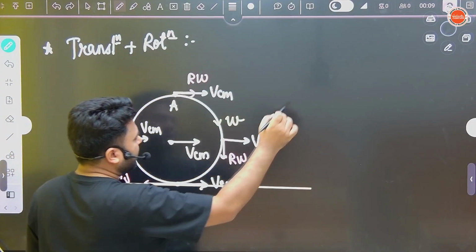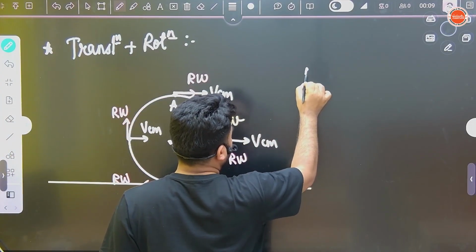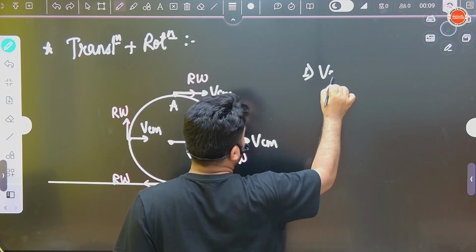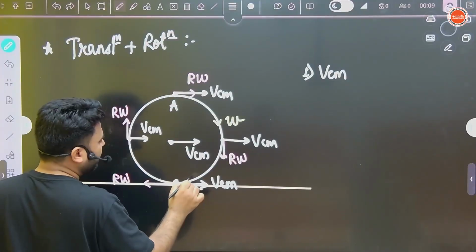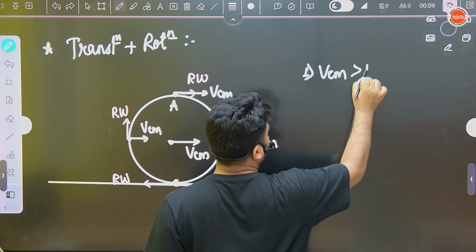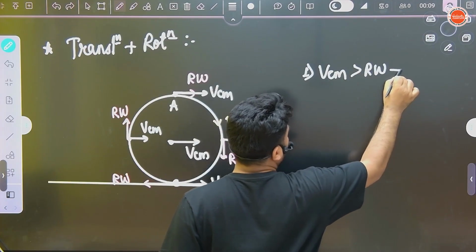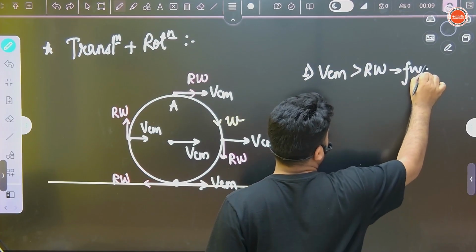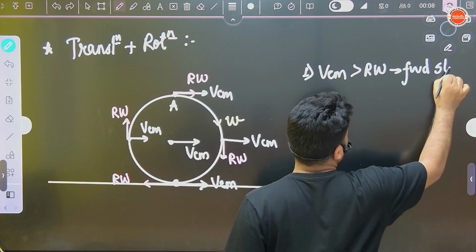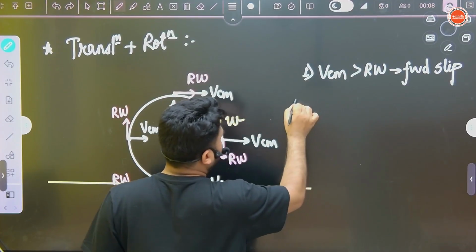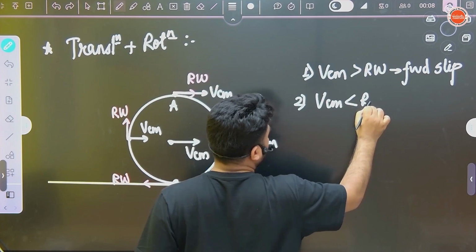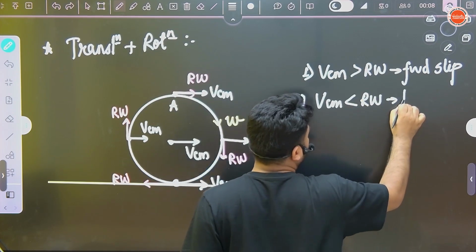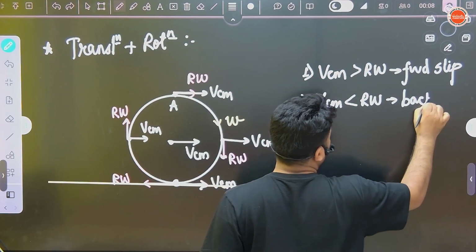Now here we have 2-3 conditions. Focus on this point. If VCM is greater than r omega, this case is called forward slipping. If VCM is less than r omega, this case is called backward slipping.